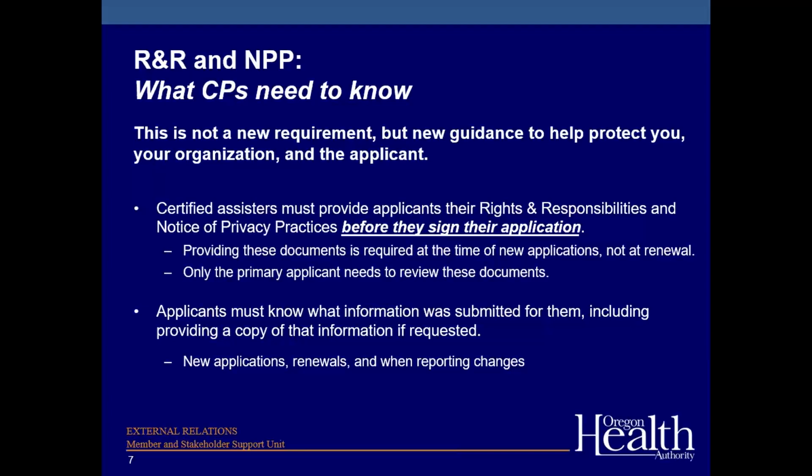And knowing what information was submitted for them is something that's important during the new application and at renewals and when reporting changes. And we'll talk about it a bit later in this presentation. So these two things go together, right? Getting these documents at the time of application and knowing what somebody has submitted for you.